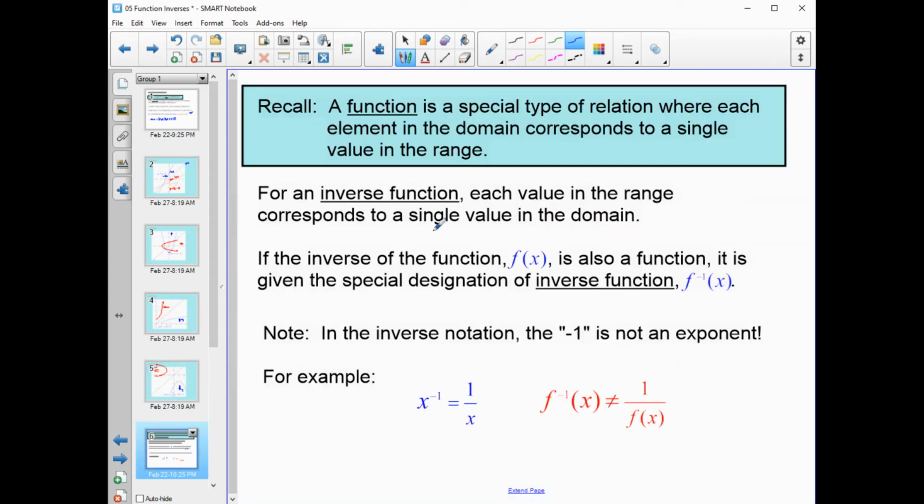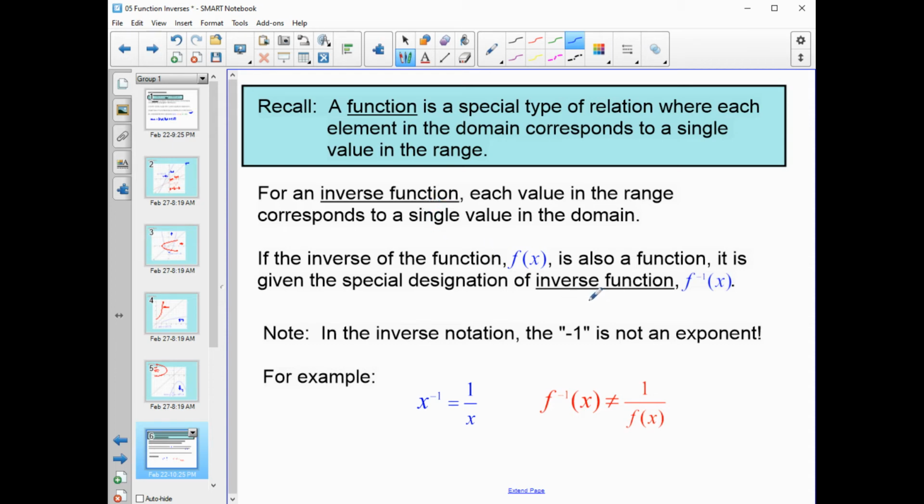So if you start with a function, which has a special set of rules to go along with it, basically saying that for every input of x, there's a single, consistent, predictable output of y. For an inverse function, that means the inverse itself is also a function and satisfies those same rules.